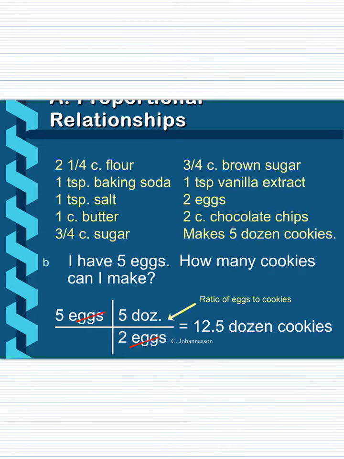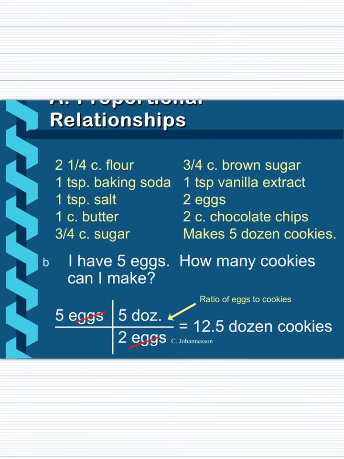We'll get to that in the next slide or two. But getting back to this problem, I have to start with the number it gives me from the problem, 5 eggs, 5 eggs. And then in order to cancel out eggs, because the question has to end with how many cookies. That's what I'm trying to get to.